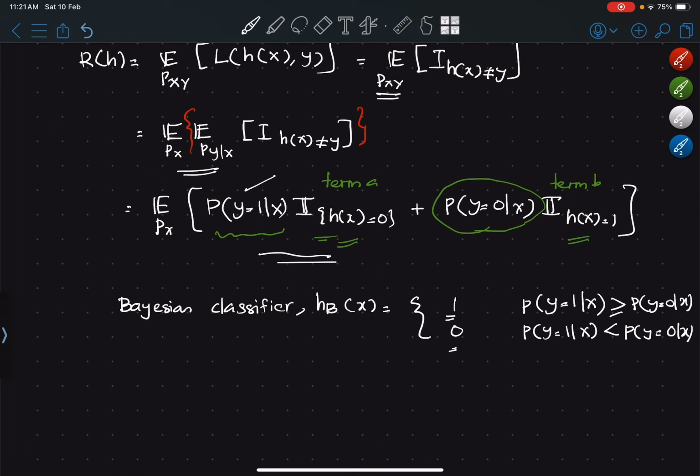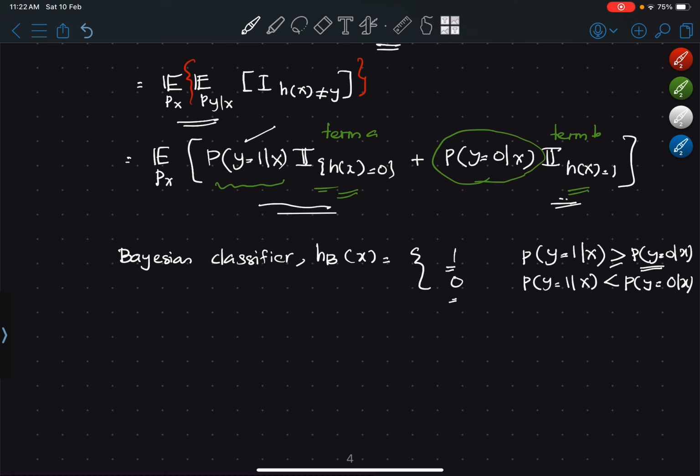Then term B will be selected, since it's an indicator variable, and the other term will obviously be 0. Along with it is P of y equal to 0 given x, but in this case, this is obviously less than the other term. So by construction, the minimum between these two conditional probabilities is always selected.